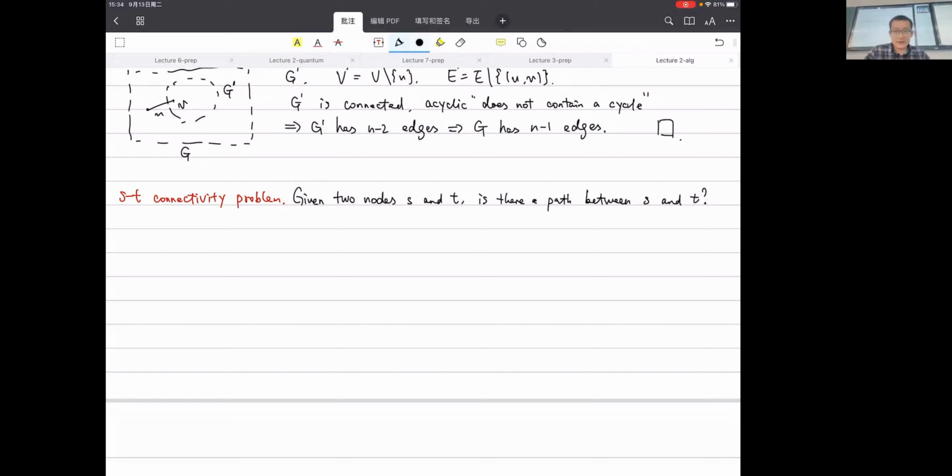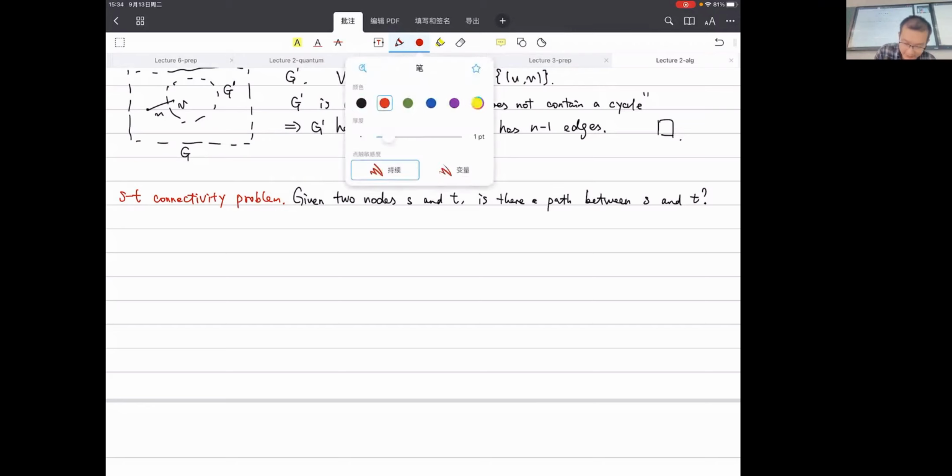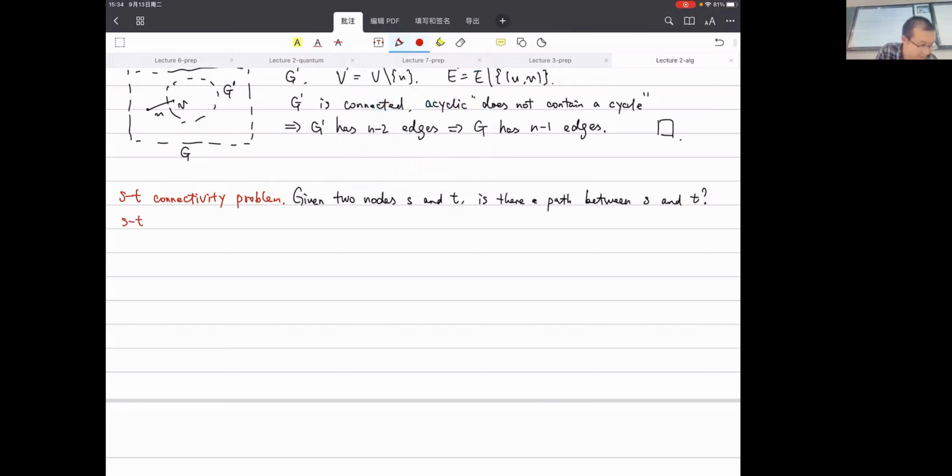Okay, so we finished the discussion of trees and the characterization of trees. Now we are moving to some more advanced problems. This is the definition of the s-t connectivity problem. It studies whether there exists a path between them. Maybe we want to make a better characterization of this. And of course, you can imagine that there can be a problem called the s-t shortest path problem.